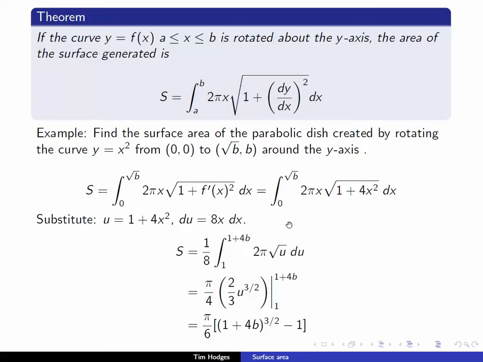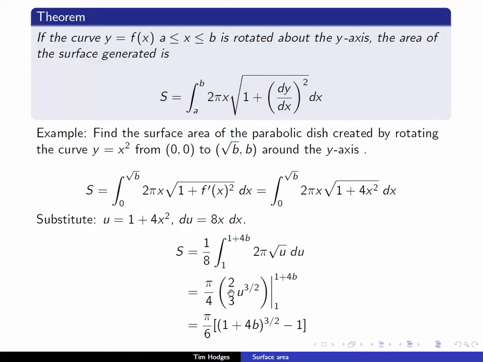We plug all this in. The x times dx gets exchanged for 1/8 du. The square root here gets exchanged for the square root of u. Taking the 2 pi outside becomes pi over 4.